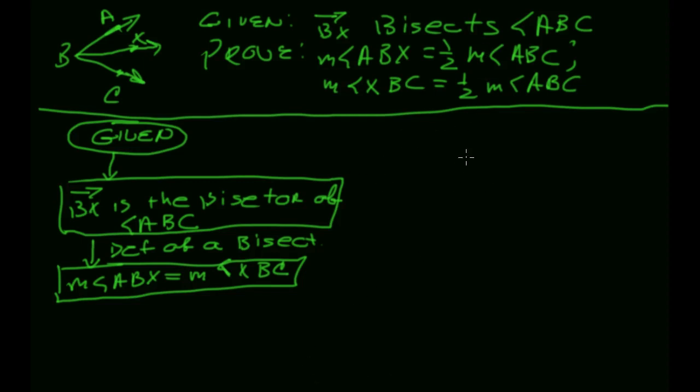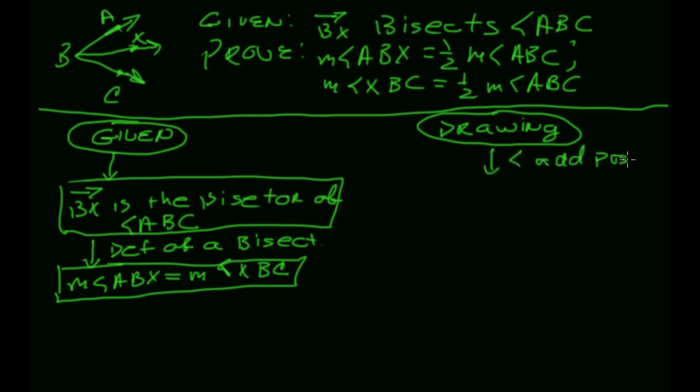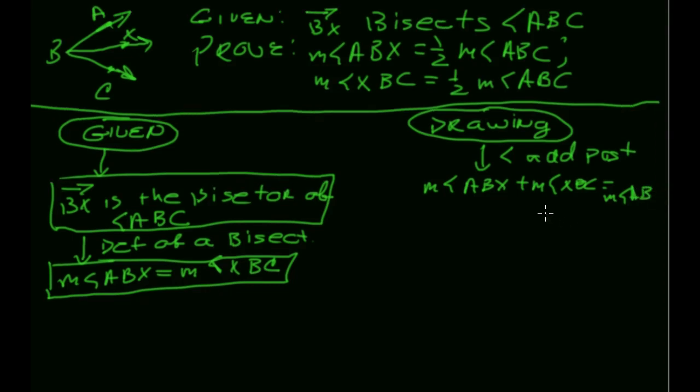Okay, now if I just started with the drawing, I could also draw a conclusion. And I can draw this conclusion by using the angle addition postulate. And the angle addition postulate tells me that the measure of angle ABX plus the measure of angle XBC has to equal the measure of angle ABC.